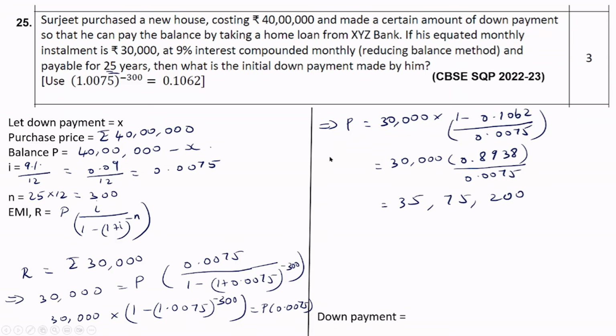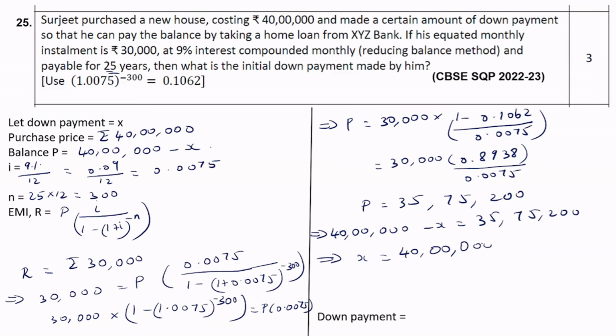Now this P is nothing but 40 lakhs minus X. This implies 40 lakhs minus X equal to 35,75,200.